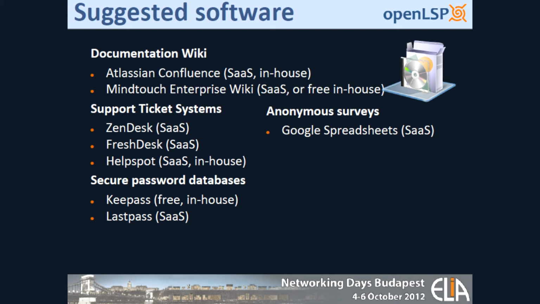So if it's just the IT department accessing it, it goes for a long time. Really, it's a very mature product, very well thought out, so that's very quickly set up. The other product for documentation, MindTouch Enterprise Wiki, is a bit harder to set up, but it's open source, so you can get it for free. They both work fine in my experience.